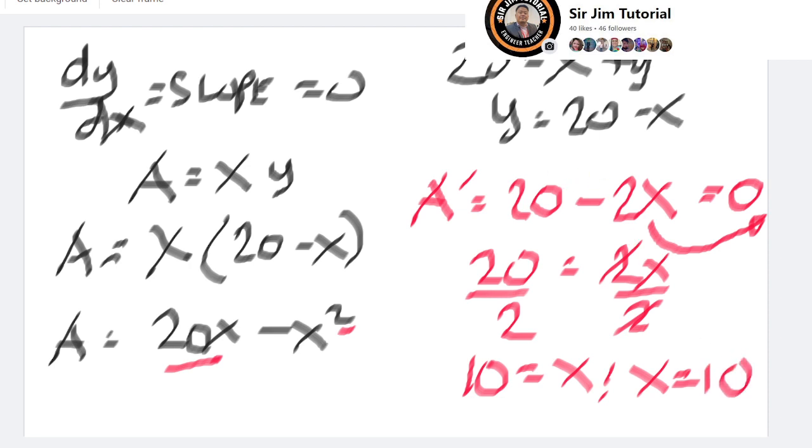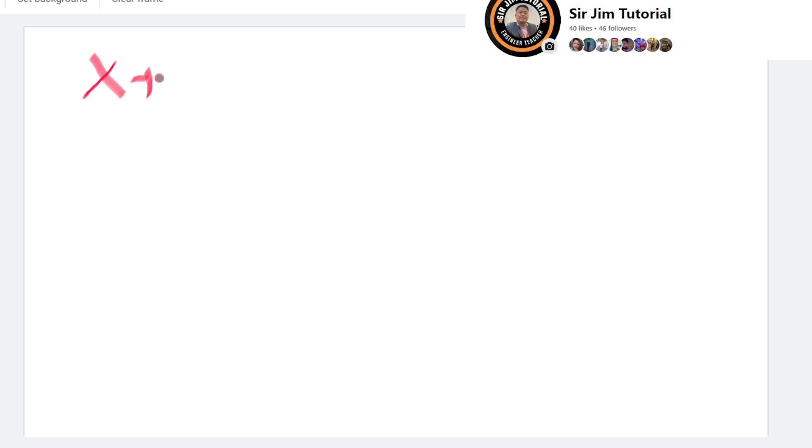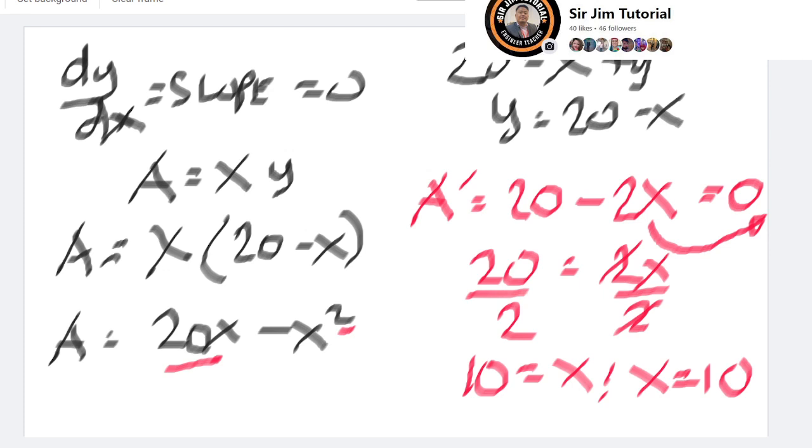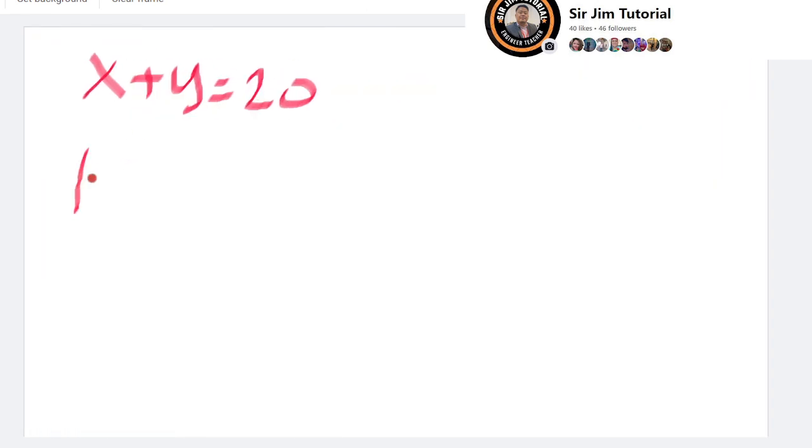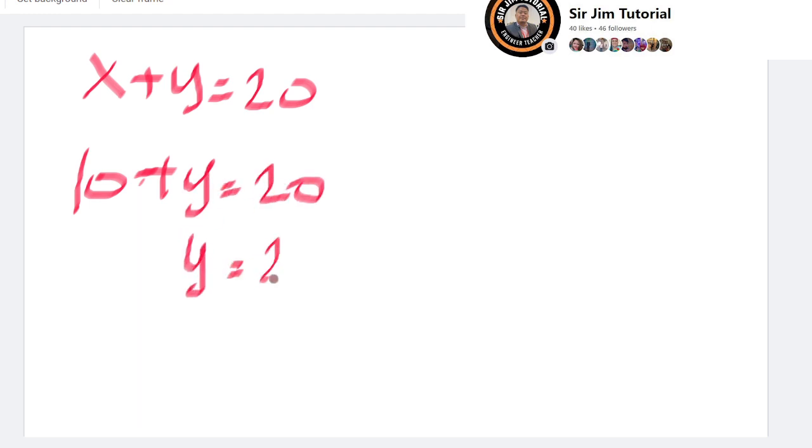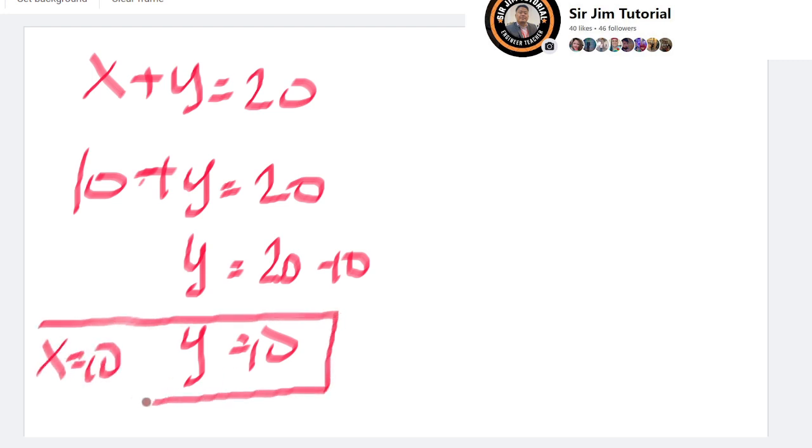So if you have x plus y is equal to 20, and we already know that x is equal to 10, then 10 plus y is equal to 20, and y follows: this is just 20 minus 10, or y is equal to 10. So when y is equal to 10 and x is equal to 10, that gives you the maximum possible area.